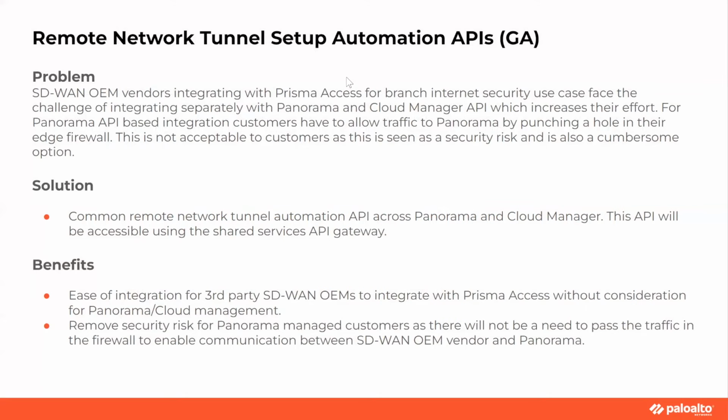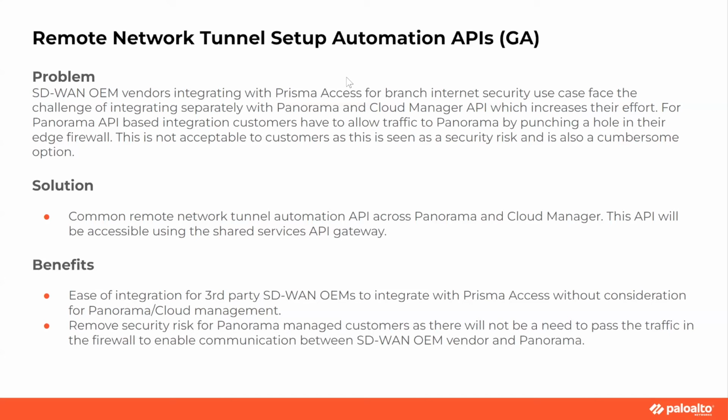I'm sorry. And the next one is around remote network tunnel setup automation for API. This is primarily for OEM SD-WAN vendors that, when they currently integrate with Prisma Access today, apart from integrating from an API perspective, they also have to allow traffic to Panorama, and they have to punch a hole in their edge firewall.